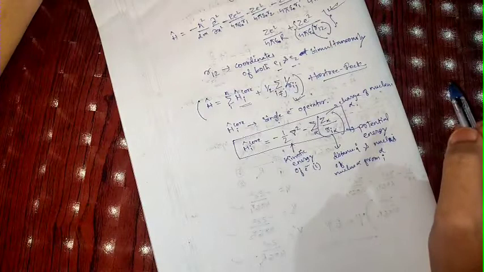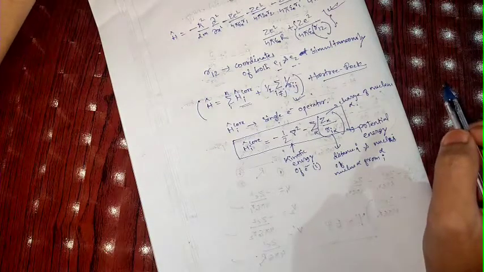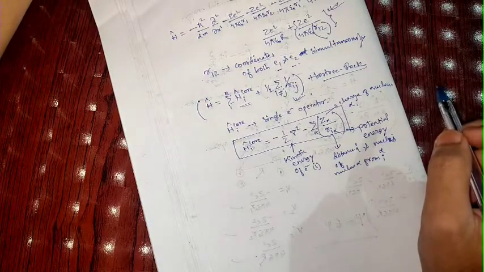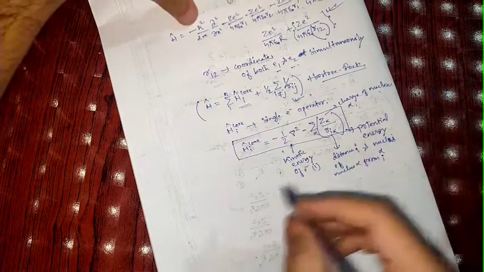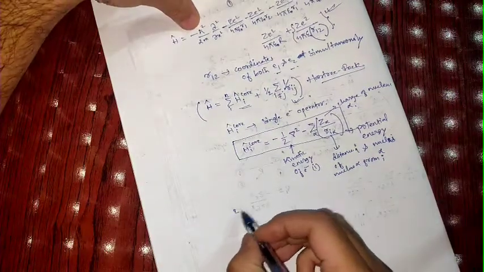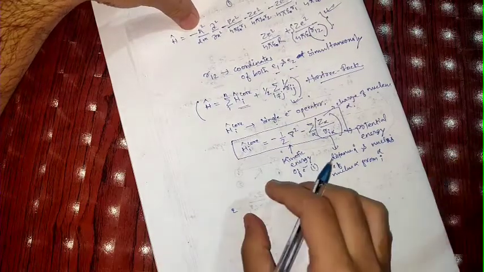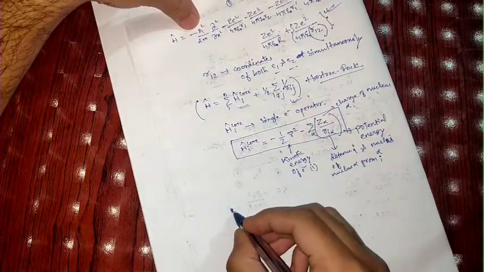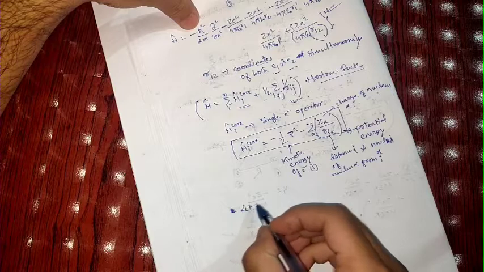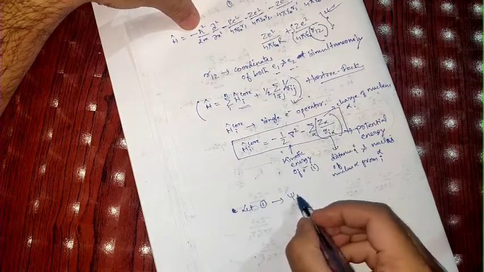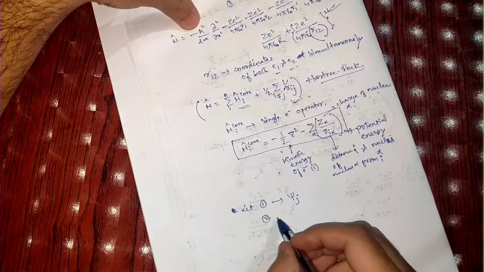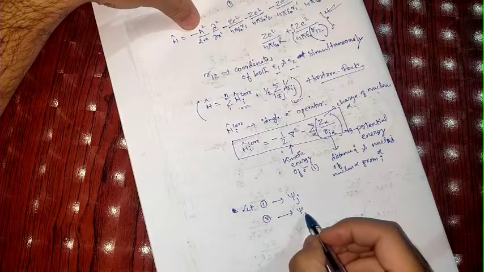Since the coordinates of both the electrons are present at the same time, let us consider we have two electrons, electron 1 and electron 2. Let's suppose electron 1 occupies orbital psi j, and electron 2 occupies orbital psi i.